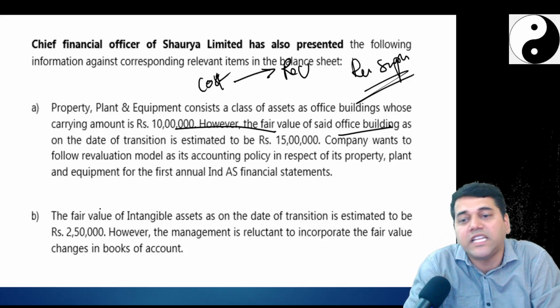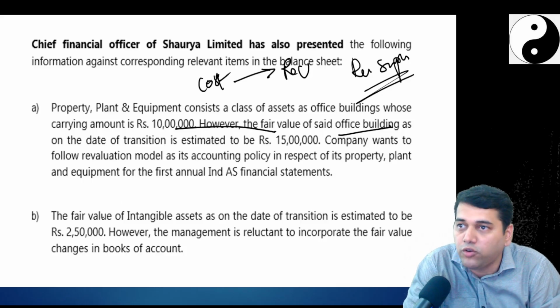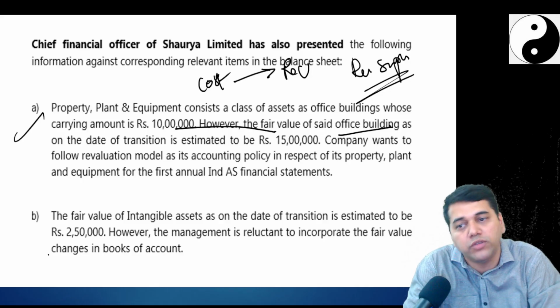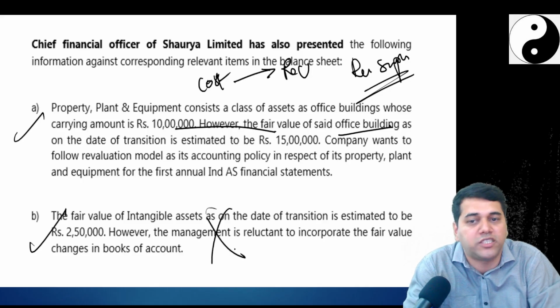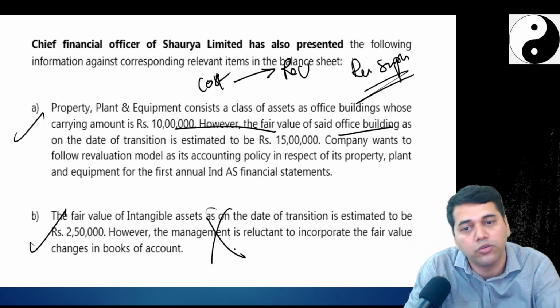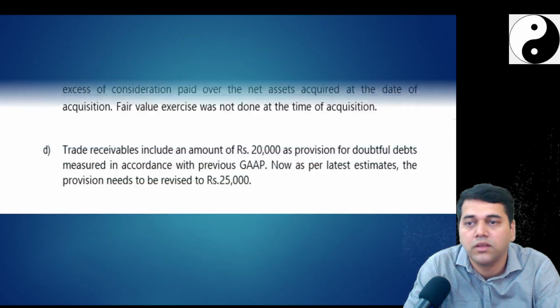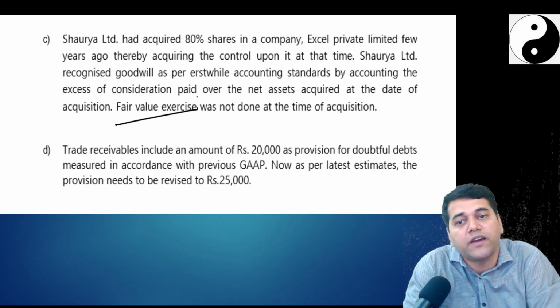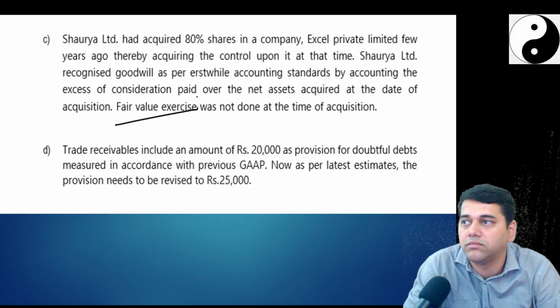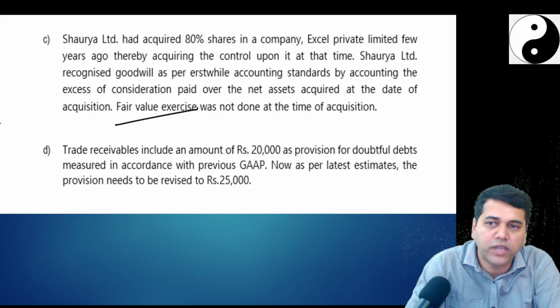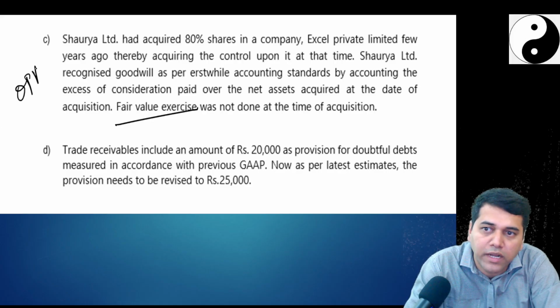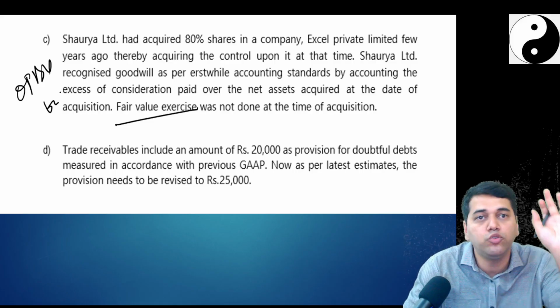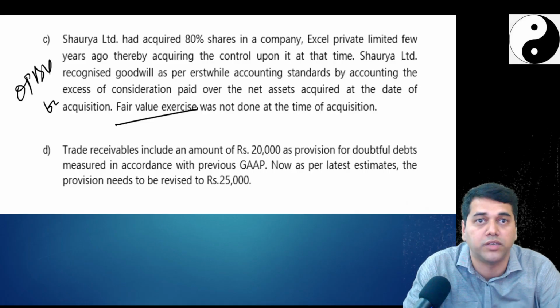Then they said intangible, I don't want to do revaluation. Are you okay? Yes, our note number 2 says we are okay with intangible, there is no adjustment required. We want to go with the cost only. Then I went to the third one, they said that look, we didn't do the fair value exercise for goodwill. We said okay, you can proceed with the old book value of goodwill, provided you don't touch that one business combination.